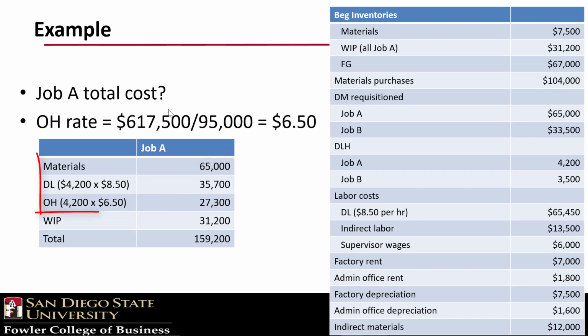So now we've got this month's materials, labor, and overhead. To that we can add last month's or any previous month's work in process that had accumulated of 31.2. And we get a total job cost on A of $159,200. By doing so, now we have an idea as to whether or not we would make money on job A, depending on what we sold it for.